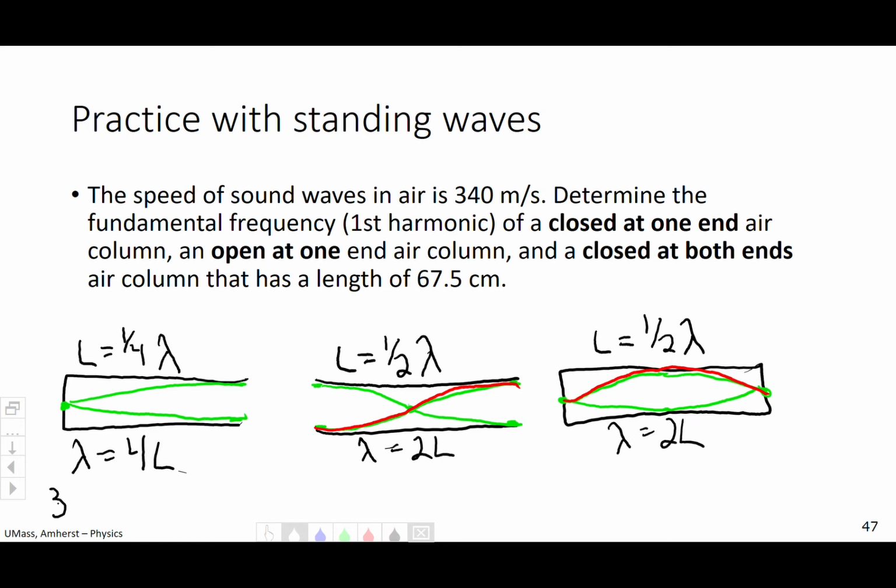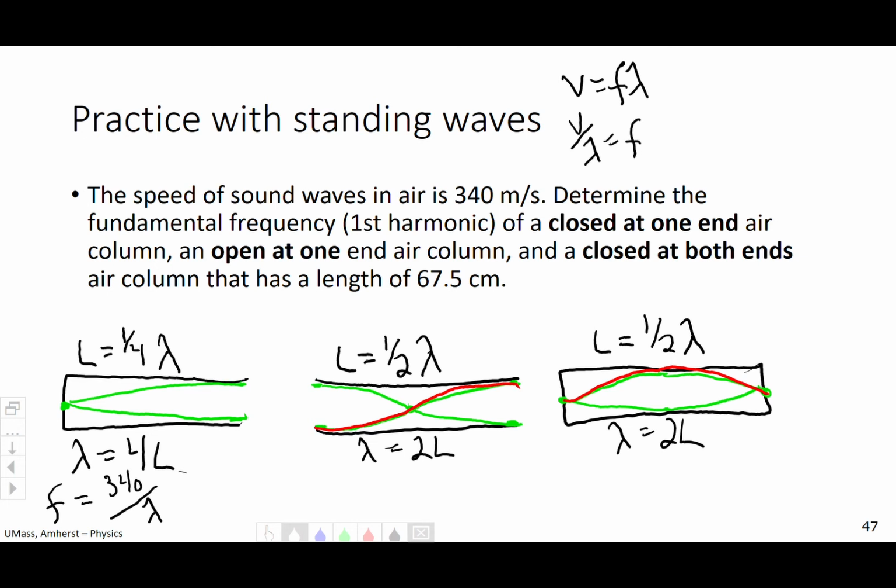Velocity, 340, is frequency times wavelength. So that means that frequency is velocity over wavelength, right? Velocity equals frequency times wavelength. Frequency is velocity over wavelength. Yes, okay, great.